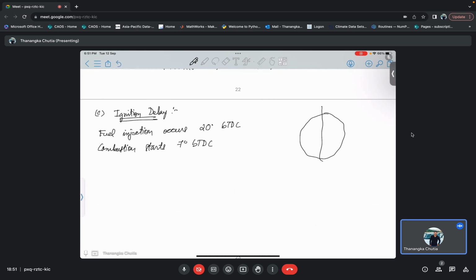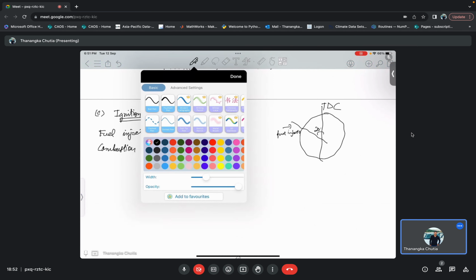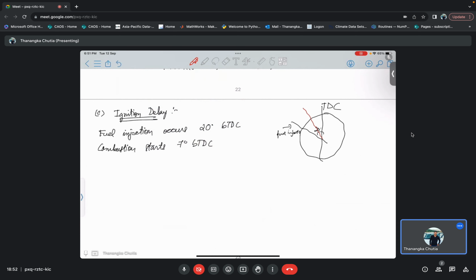So if this is your TDC, this is the place where fuel is injected, that is 20 degree, but your combustion starts here, that is 7 degree. This is combustion.